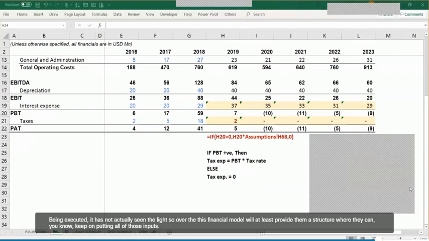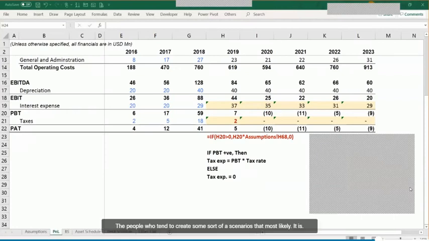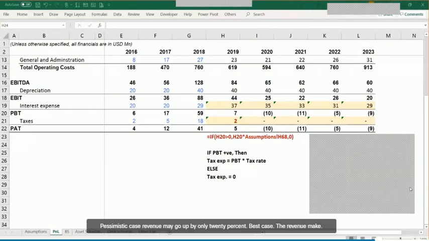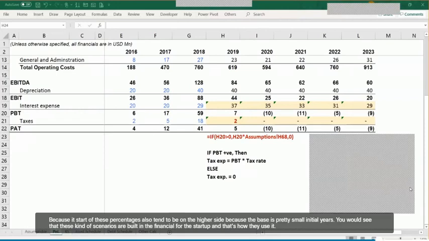People may create some scenarios: most likely, it is expected that revenue will go up by 40%. But in the pessimistic case, revenue may go up by only 20%. In the best case, revenue may go up by 100%, because in startups these percentages also tend to be on the higher side, as the base is pretty small. So in the initial years, you would see these kinds of scenarios built into the financial model for the startup, and that's how they use it.